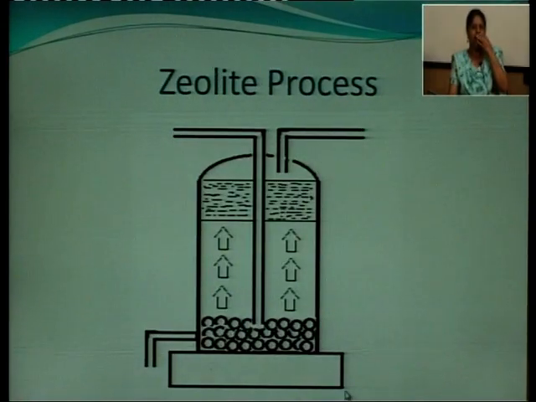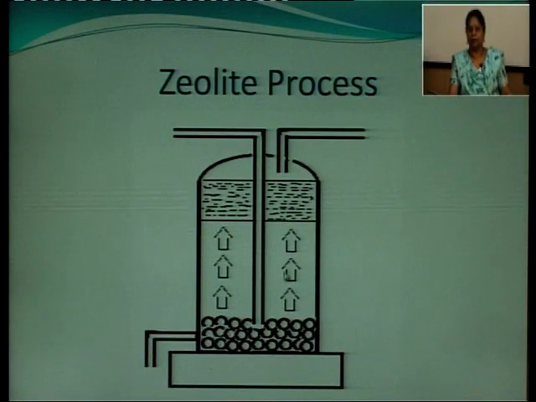This is the diagrammatic representation for the permutit process. In this case, water enters the vessel, reaches the bottom, and then rises up. This layer is the sand or gravel layer. The suspended impurities are removed in this layer. This portion is represented by the permutit layer.